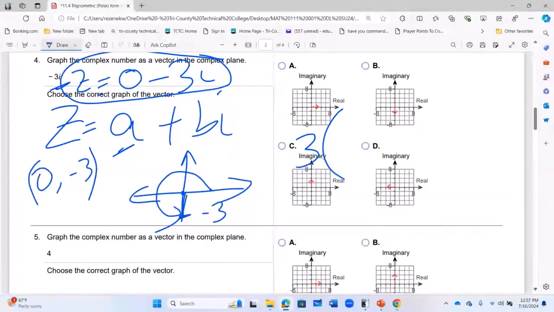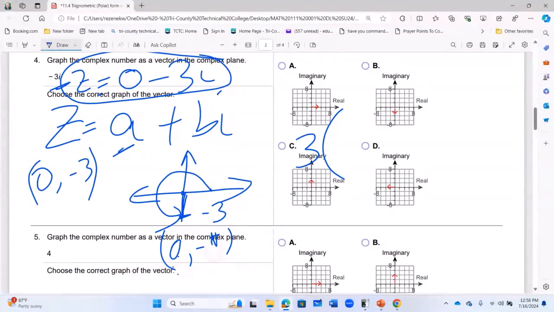So let's see, this is 0, negative 1. So cosine of 270 is 0. Any point on a unit circle is cosine theta, sine theta from our unit circle. And cosine theta is 0 here.